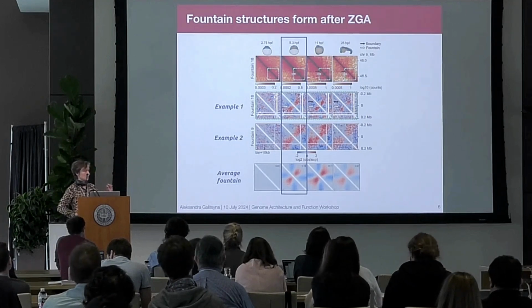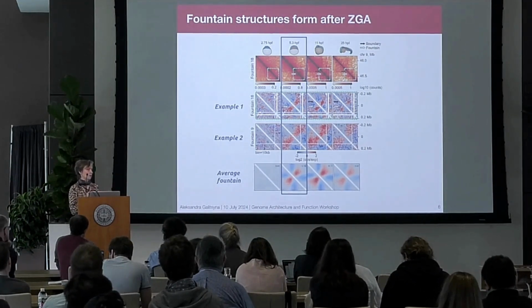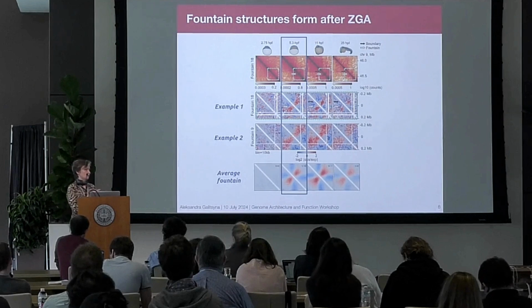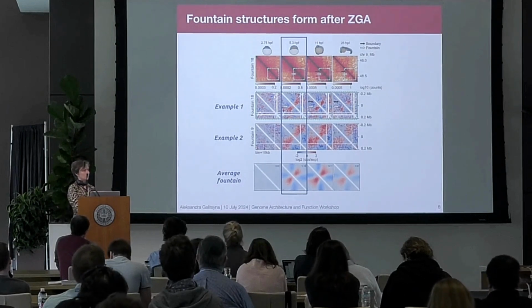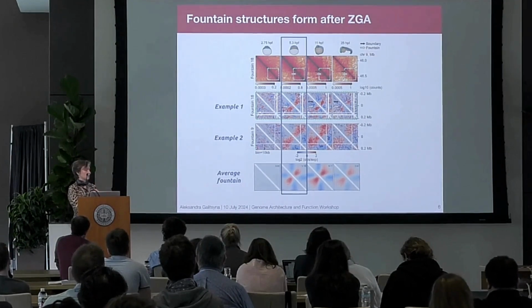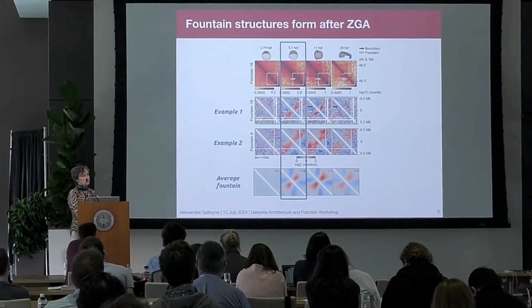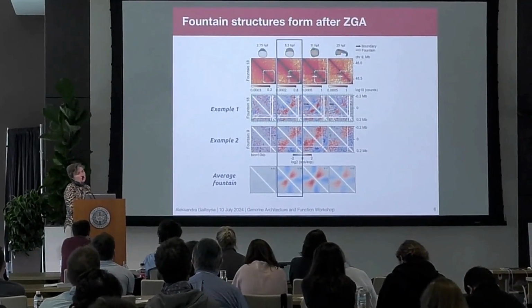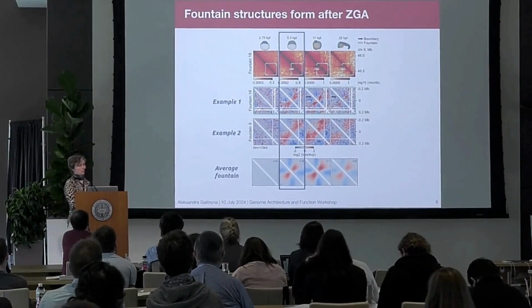It looks like these are different pioneering transcription factors bound at enhancers, and you will see all sorts of combinations of the motifs of these transcription factors at the positions of the fountains, which is another confirmation that indeed they're happening at enhancers, and you see enhancer motifs enriched at the fountains.